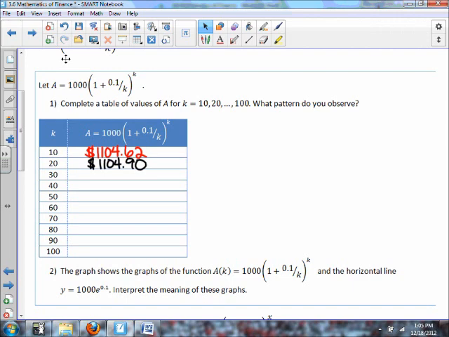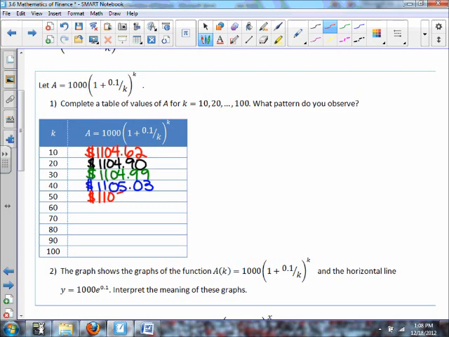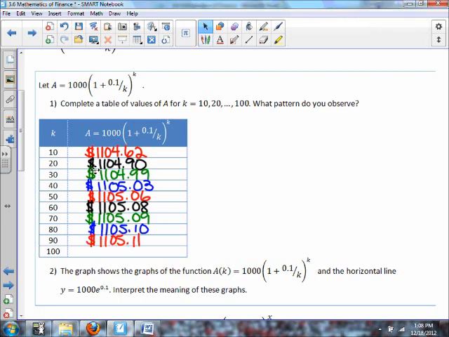Now, I'd like you guys to figure out 30 through 100. So the numbers that you should have: 1104.99, 1105.03, 1105.06, 1105.08, 1105.09, 1105.10, 1105.11, and 1105.12.